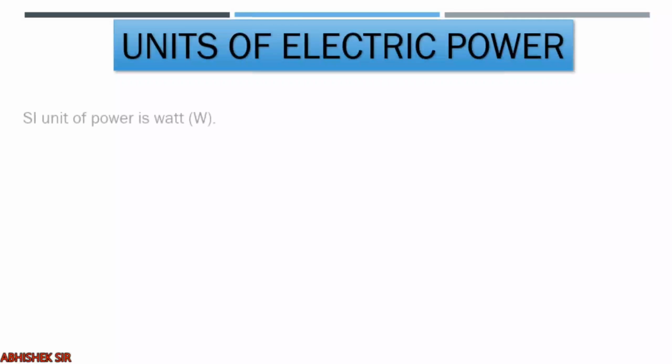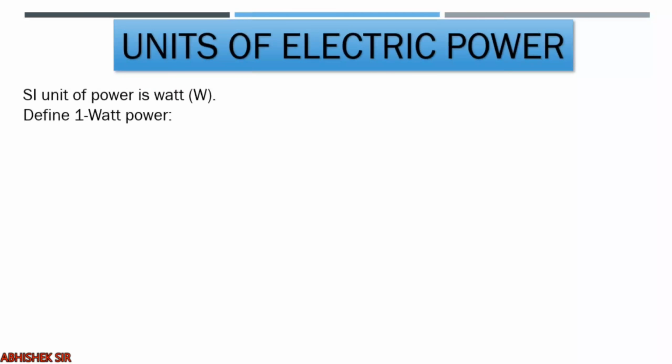Okay. Now coming towards the units of electric power. The SI unit of power is the watt, denoted by W. 1 watt power, one of the most important questions. As I have told you, there are a few special definitions like 1 joule, like 1 ohm resistance.